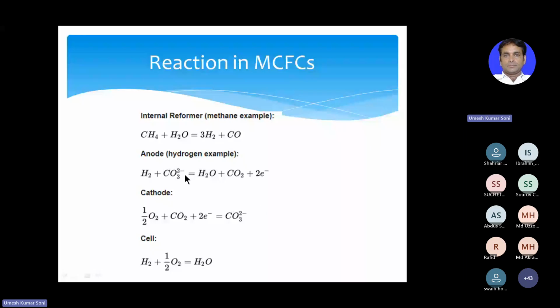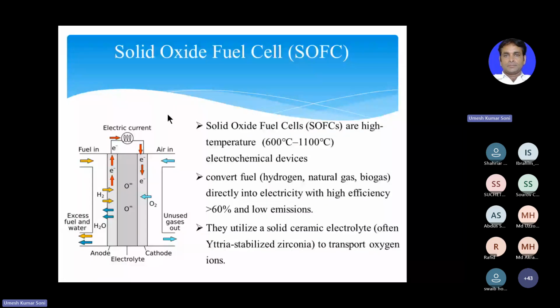Another category of fuel cells is the solid oxide fuel cell. As I had said, we can generate hydrogen and oxygen from heating and recombining with water during the electrolysis process. Also here the solid oxides can play an important role in converting the chemical reaction to electricity.